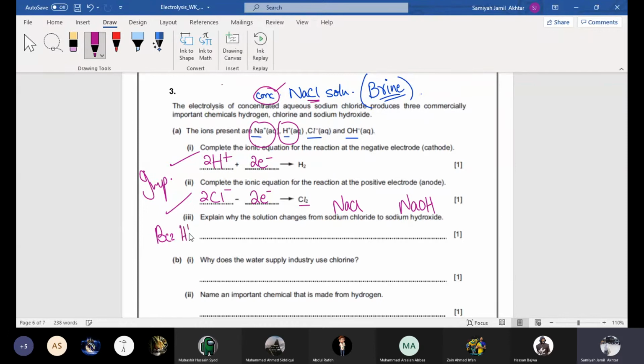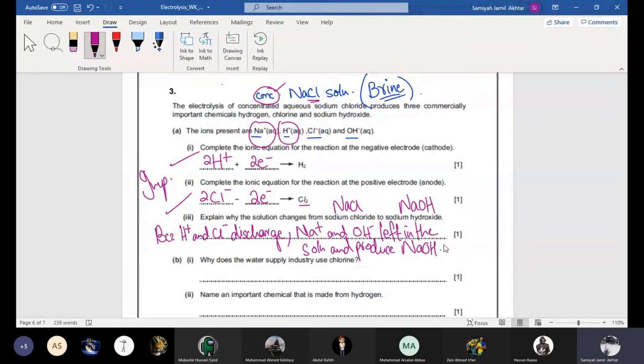Because hydrogen ions and chloride ions get discharged, right? So what is left in the solution? Na+ and OH- are left in the solution and they combine to produce NaOH.